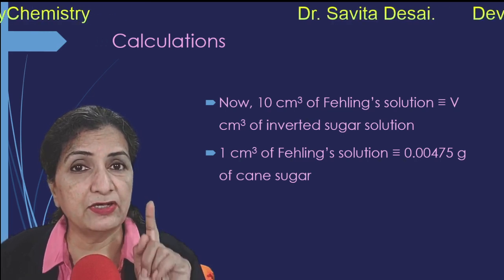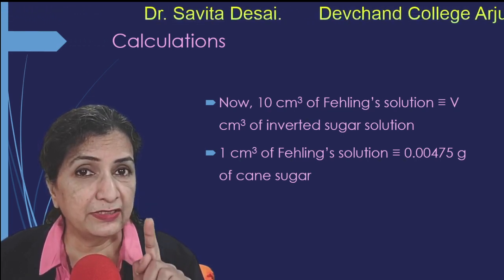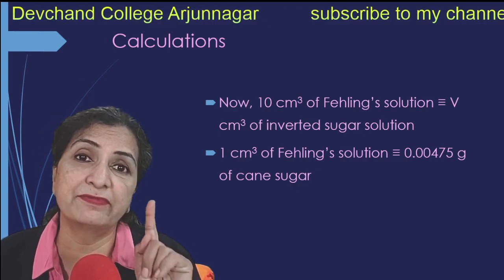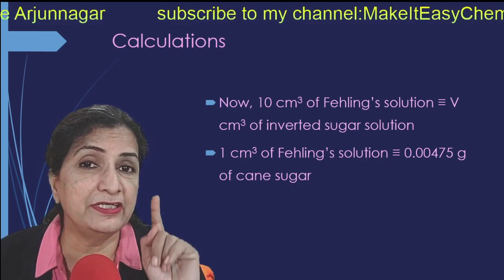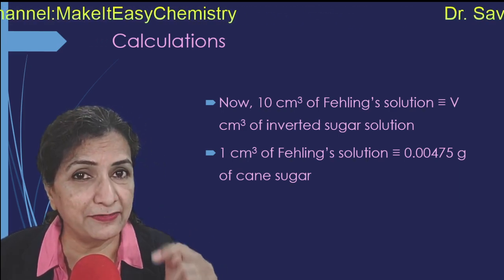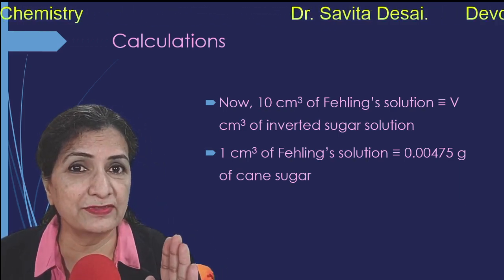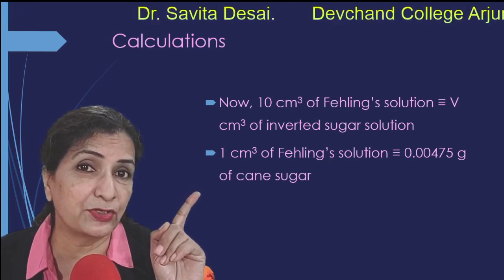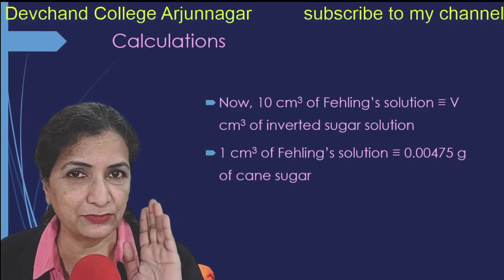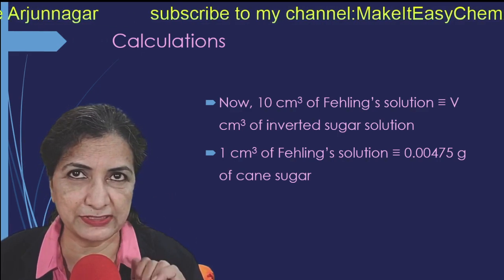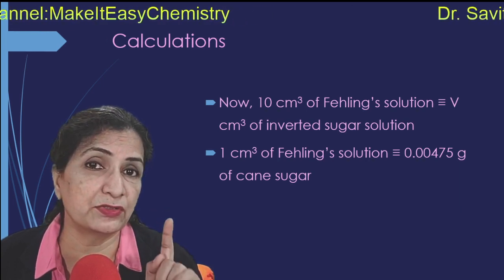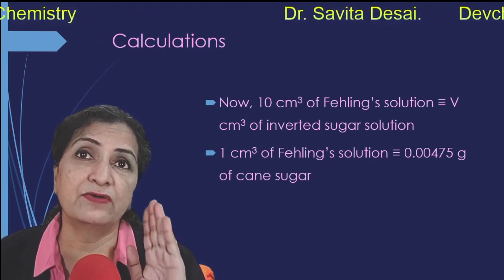That means the cupric oxide present in 1 ml of Fehling solution can be reduced by glucose derived from hydrolysis of 0.00475 grams of cane sugar. This is the well-known equation. It is given to us.